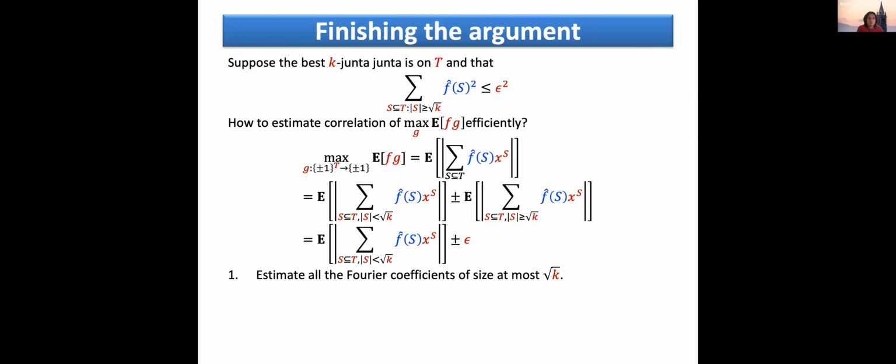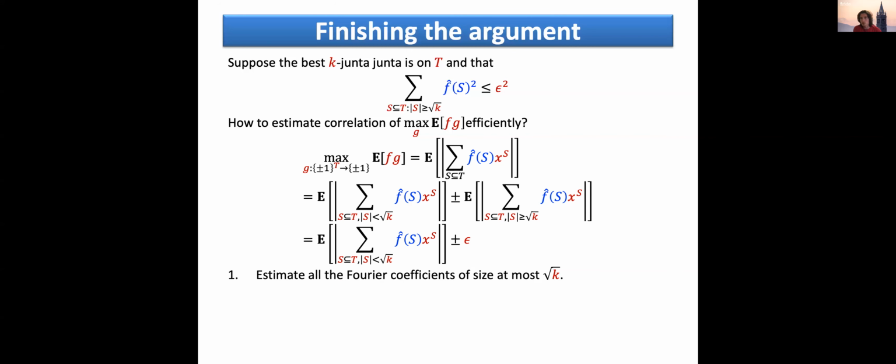And so once we only have to consider the Fourier coefficients below level square root k, this is very nice because we can estimate all of these Fourier coefficients. There's only roughly k choose square root k of them, which is roughly 2 to the O tilde of square root k. So we can just estimate all of them.